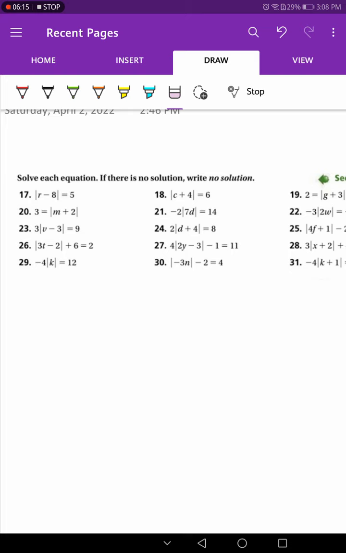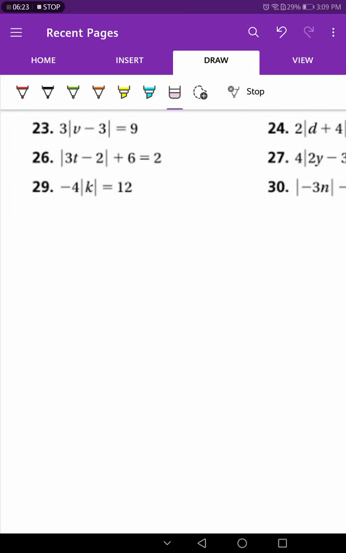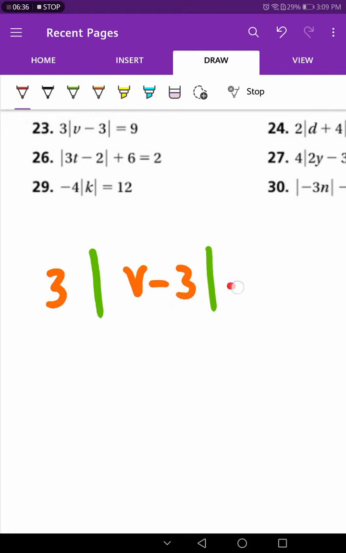Let us take 23. It is 3 times the absolute value of v equals 9. So the first step, I have to eliminate the 3 here.